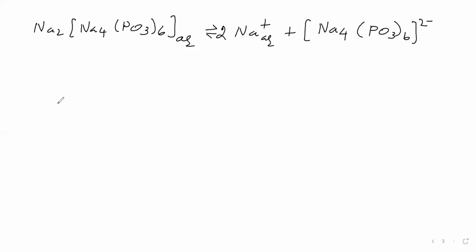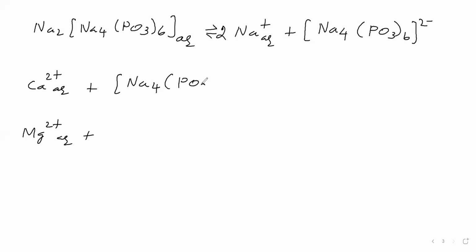Now we will take hardness-causing water, with calcium ions and magnesium ions causing hardness. Let us add this Calgon into it. Calgon has the formula [Na4(PO3)6]2-.